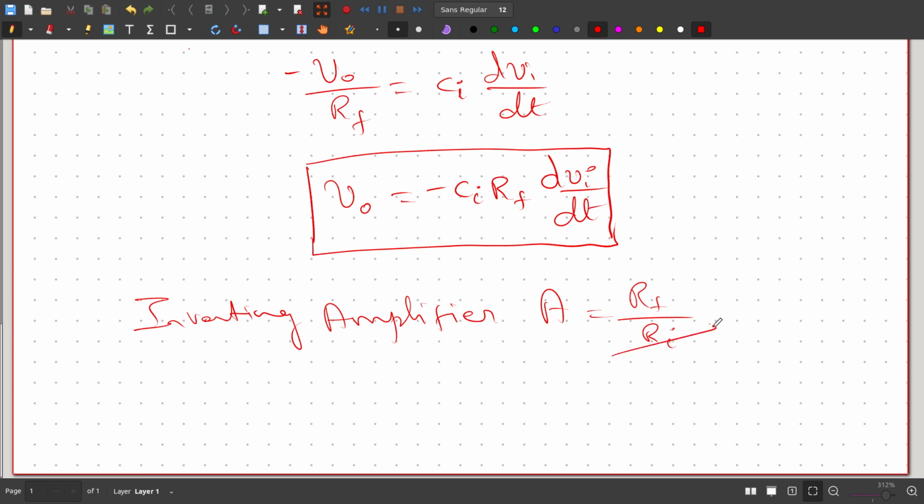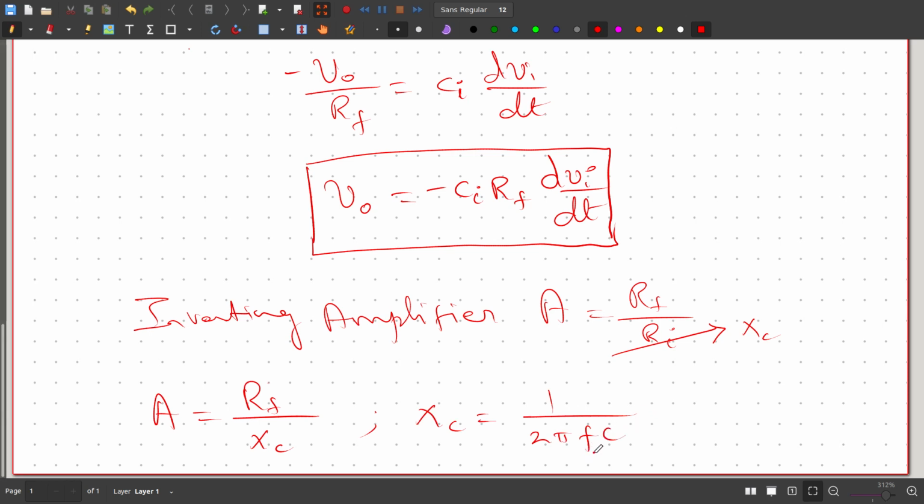In our case the input resistance is the capacitive reactance. Therefore the gain of the differentiator is RF divided by XC, where XC equals 1 by 2 pi F C, and F is the input signal frequency.